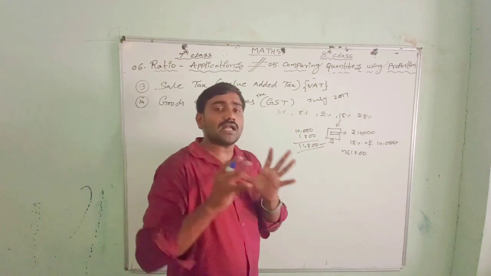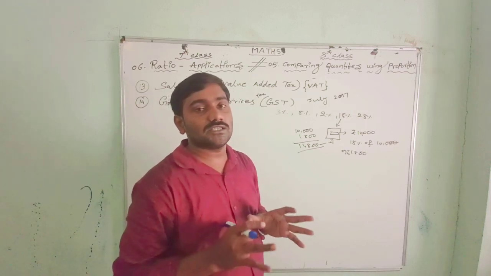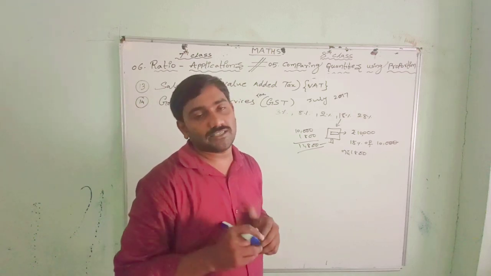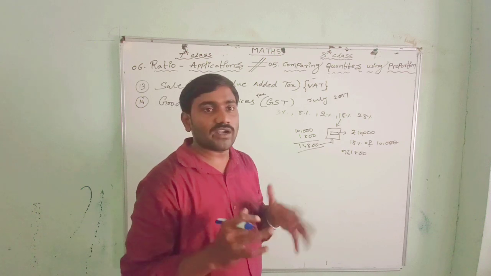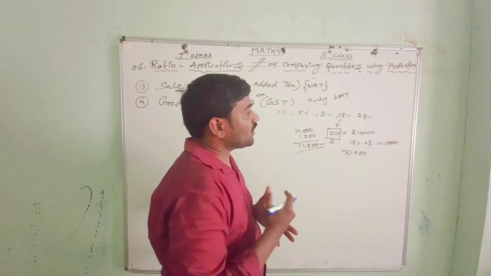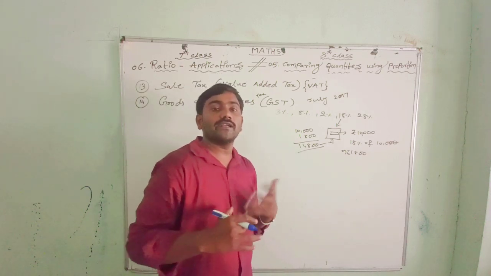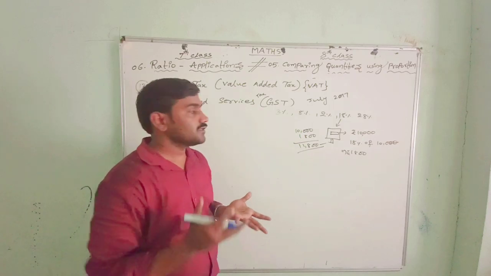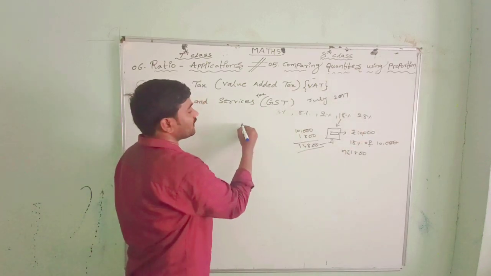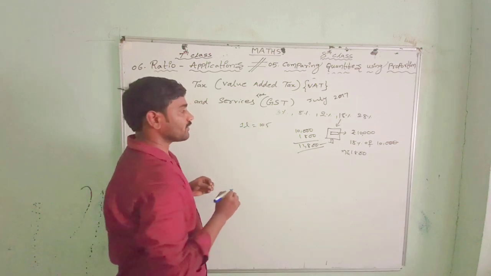Only on some particular items we have further taxes. Suppose petrol is not under GST. If it comes under GST, we will get more benefit. Suppose 1 liter of petrol costs 105 rupees now.